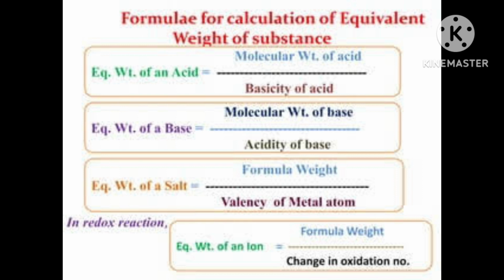Understood? Means the substance responsible for the oxidation process is called the oxidizing agent, and the one responsible for the reduction process is called the reducing agent. Then A plus B, B is the oxidizing agent and A is the reducing agent.